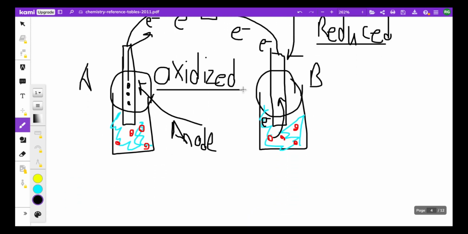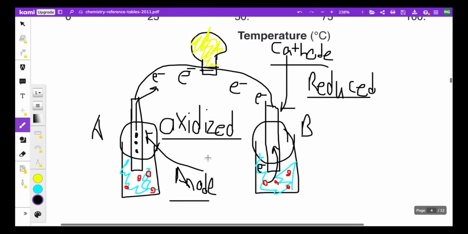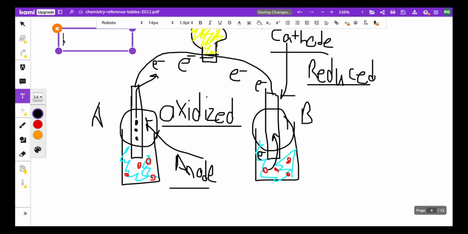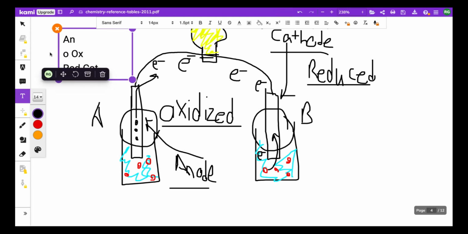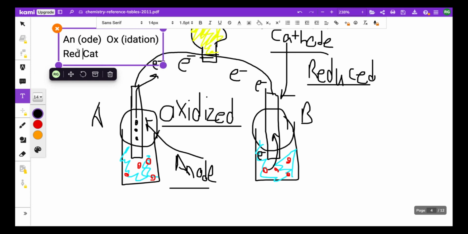And where oxidation happens, you've got the anode. And a good way to remember this is: an ox, red cat. So the anode is where oxidation occurs, and reduction happens in the cathode.